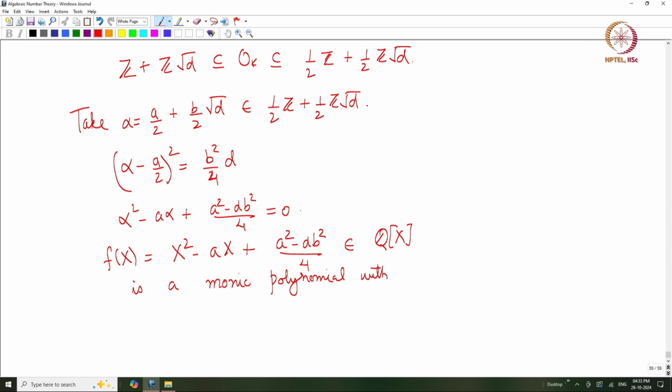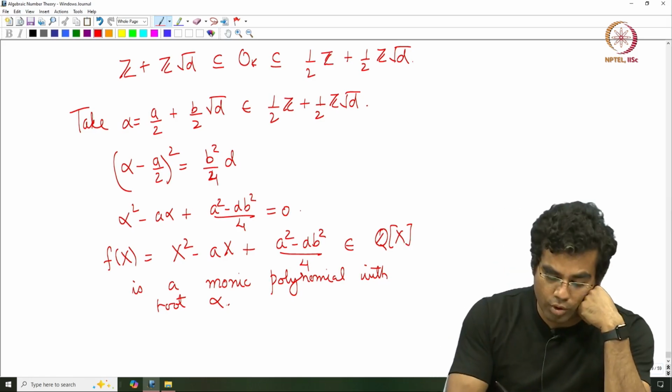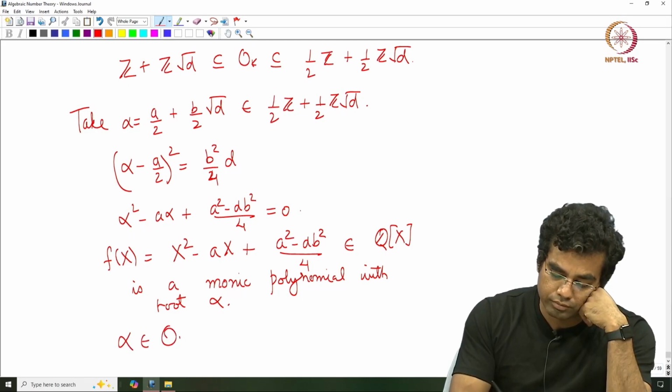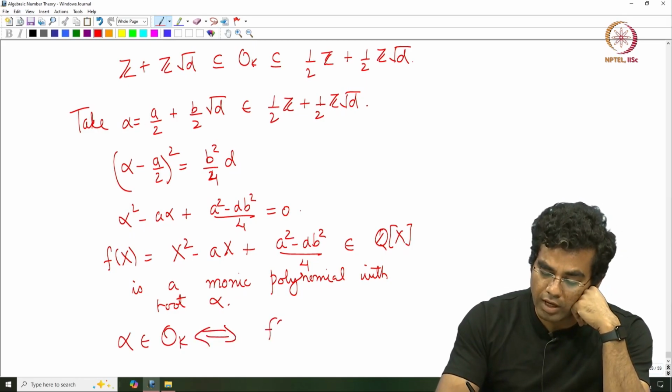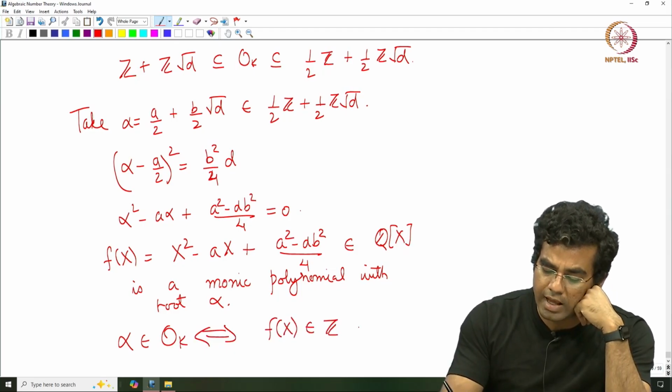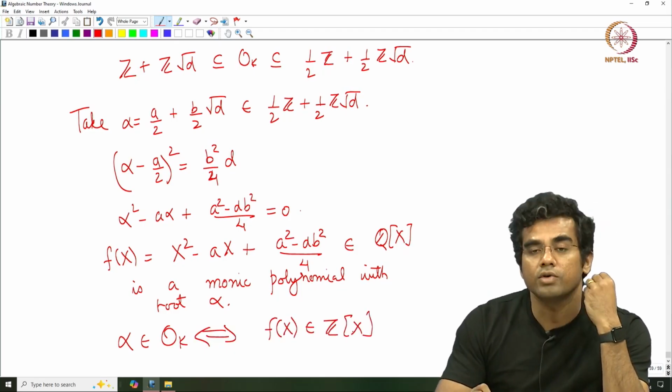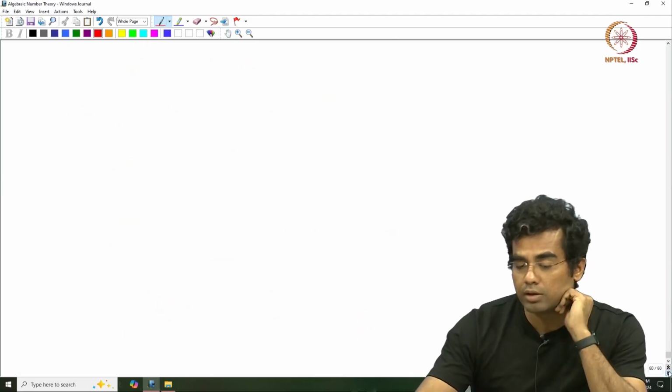with root alpha, right. And so alpha is in OK if and only if f of x is in Z[x]. This is one of the things that we proved earlier.